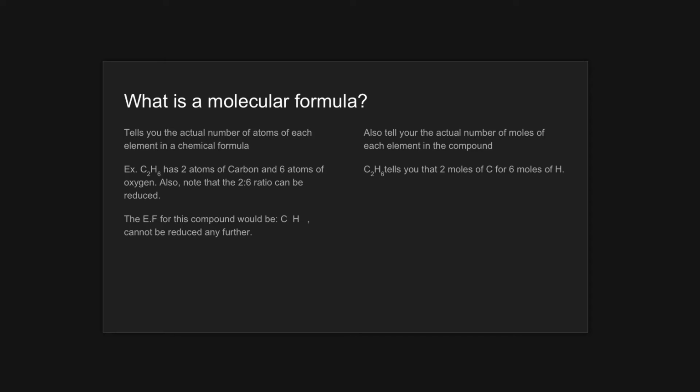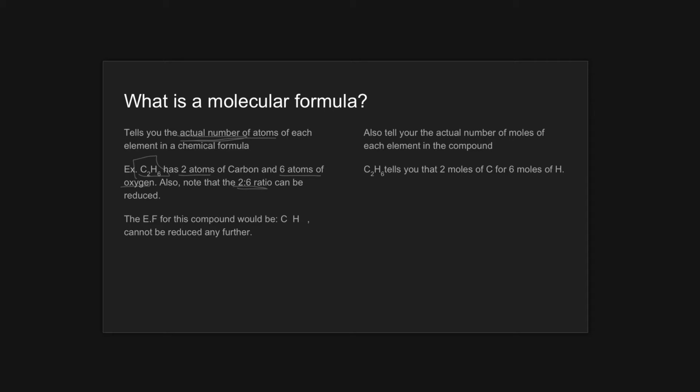And so as you can see, the molecular formula is the exact number of atoms of each element in a chemical formula. So when I say that the formula is C2H6, it means that it has 2 atoms of carbon and 6 atoms of hydrogen, and that this ratio 2 to 6 can be reduced.